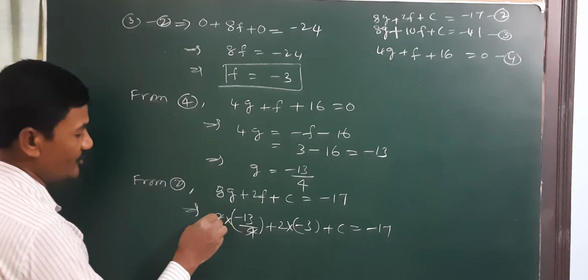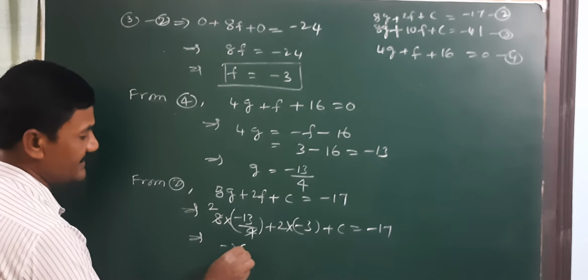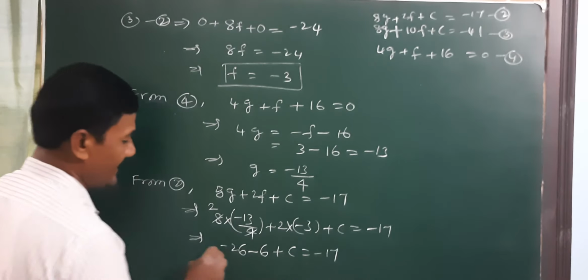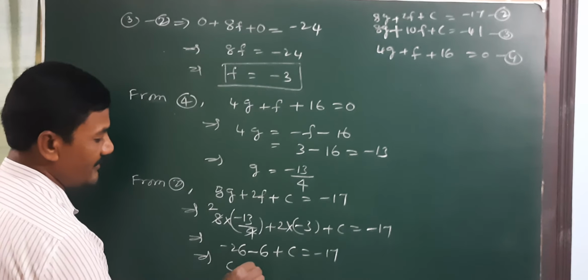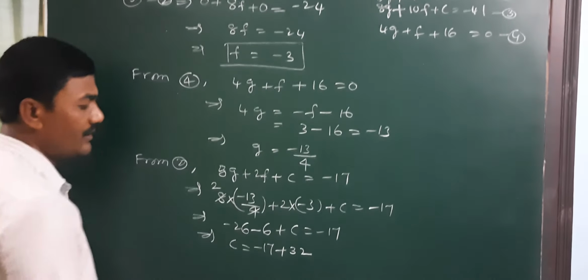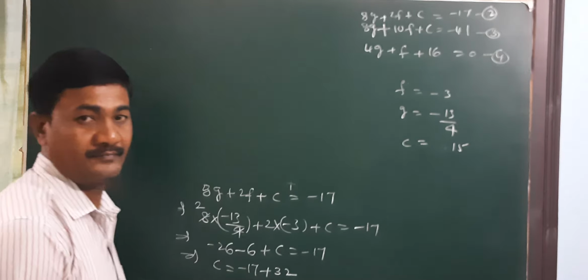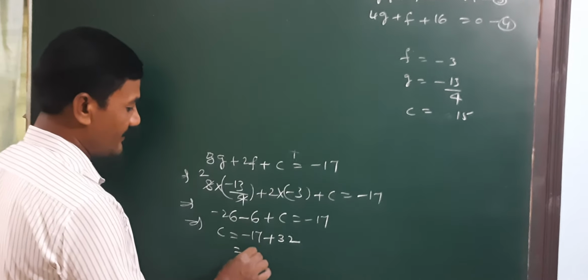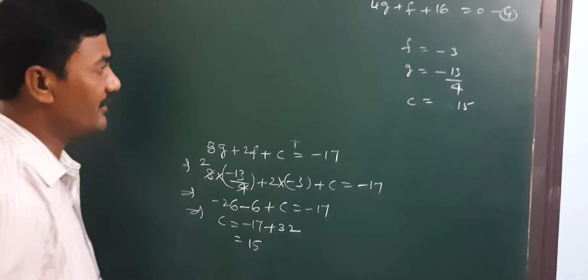The 4 cancels with 8 leaving 2 times: minus 26 minus 6 plus c is equal to minus 17. That is c is equal to minus 17 plus 32, which is 15. So c is equal to 15.